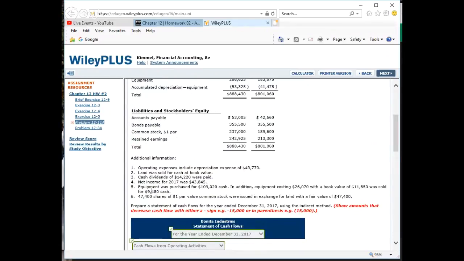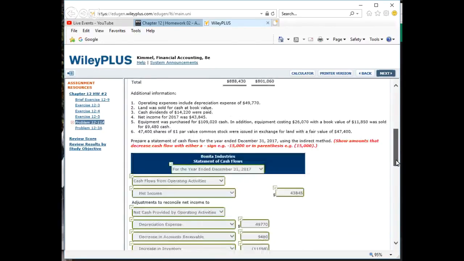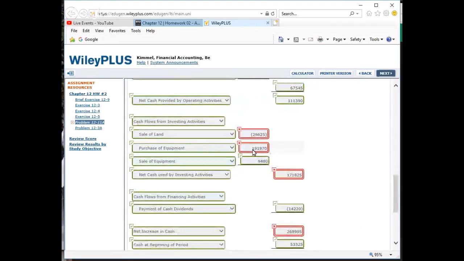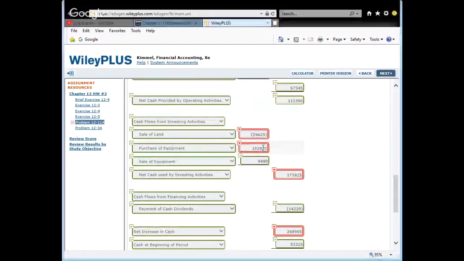For example, down below, equipment was purchased for $109,020 in cash, but in addition, equipment costing $26.70 with a book value of $11,850 was sold for cash of $9,480. And I didn't know how to calculate the difference between what is going for the equipment, or what's responsible for these numbers. I didn't know what they equaled.